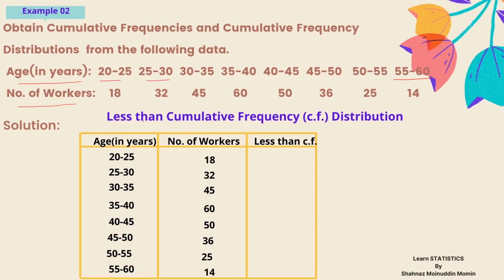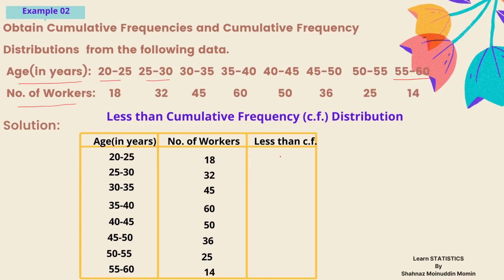Now let us start with the less than cumulative frequency. Write down the given data in a tabular form as shown in the table. Here we are going to calculate the less than cumulative frequency. In the previous example, we saw that for the calculation of less than cumulative frequency, we start from the top of the frequency column, means we start from the number 18.